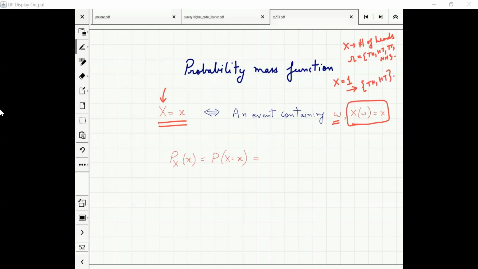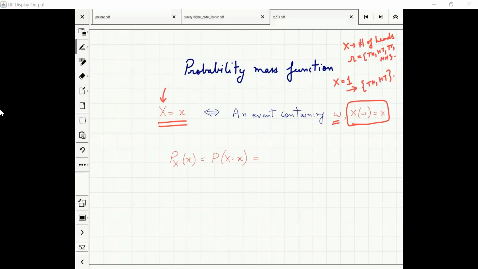Right. So we need not have a one-to-one mapping from our sample space to real numbers, but these events X is equal to x will partition your sample space.